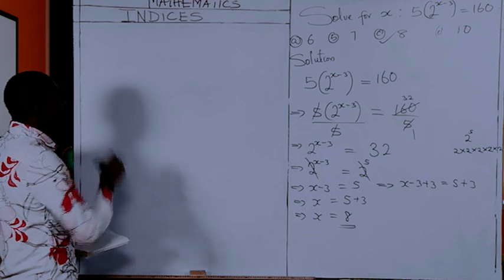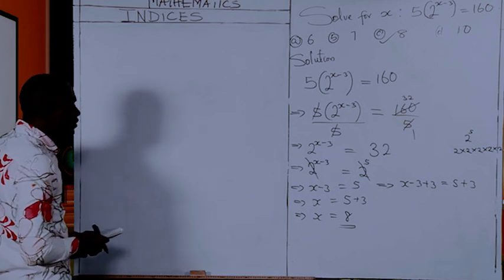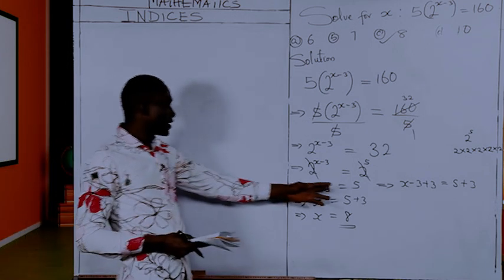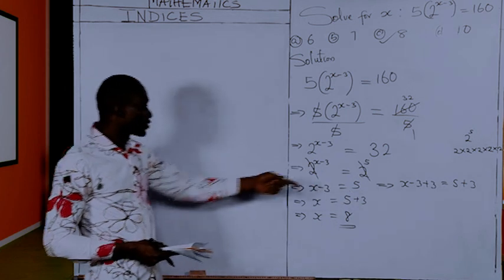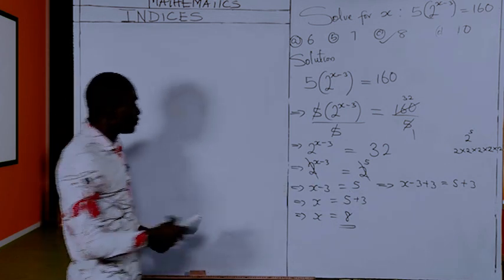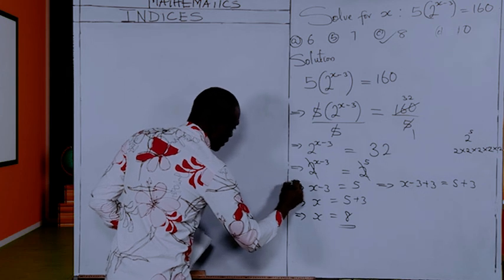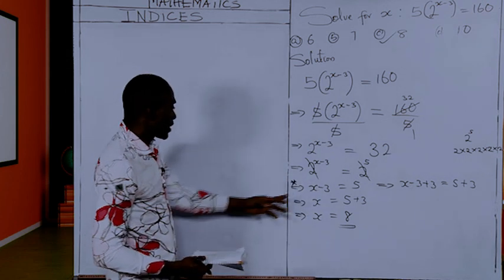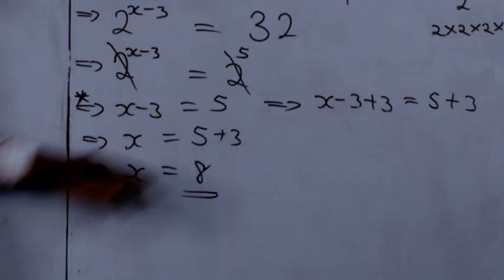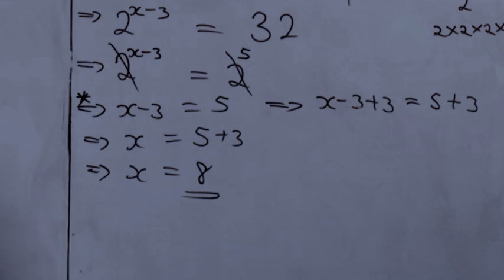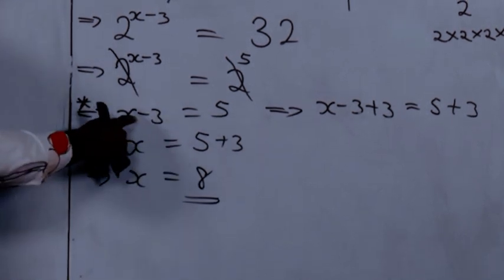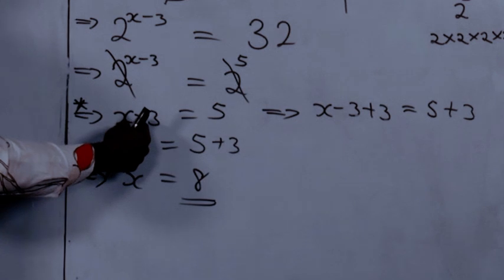But before I move to the next question, let me quickly point out something for you here. From this equation that we have, x minus 3 equals 5, directly you can just bring your minus 3.